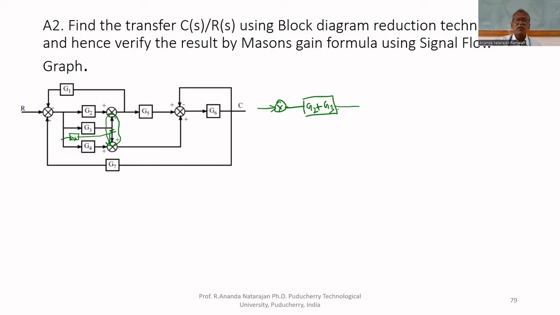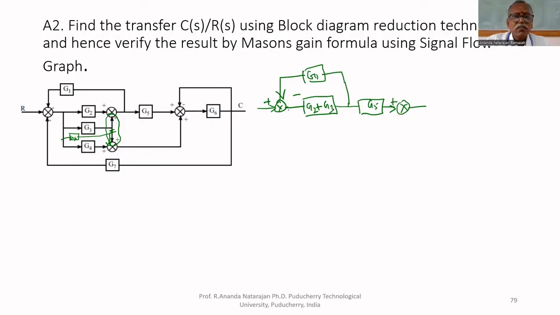Once it is removed, why are you drawing the summing junction? Then G2 plus G3 and a feedback loop G1, minus, this is plus. Then G5 is there, this is plus.